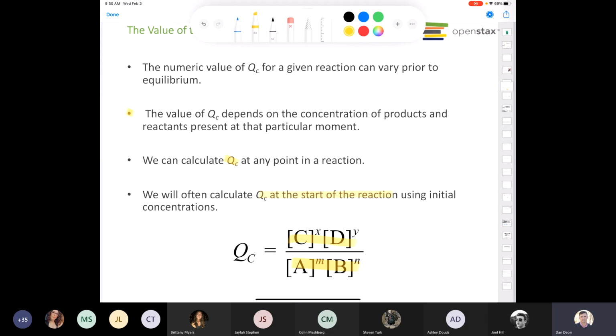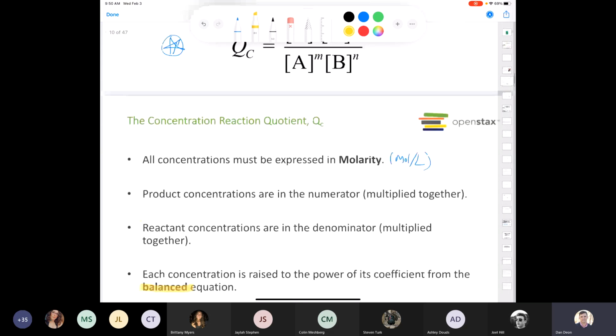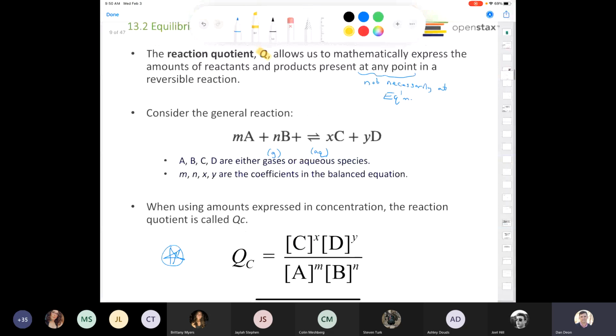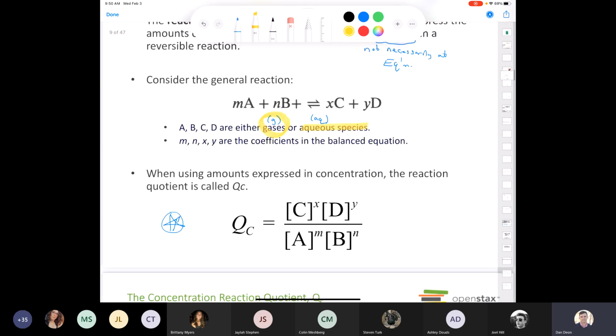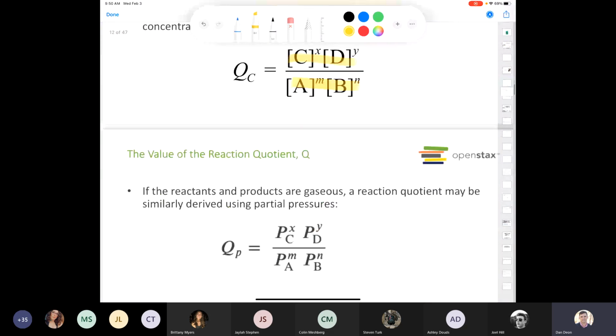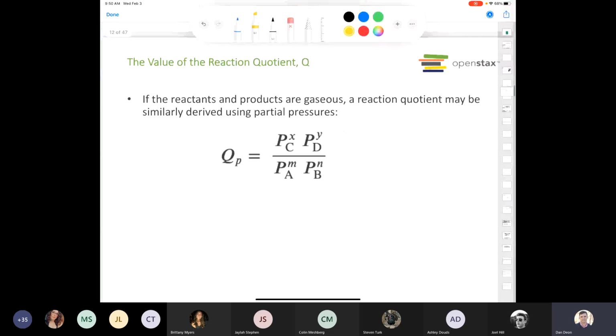Now, I told you a couple of slides ago that not only could you evaluate QC using aqueous species, you could also do it for gases. So how does QC relate to pressure? That would be a very good question. If you have QC, the C stands for concentration.